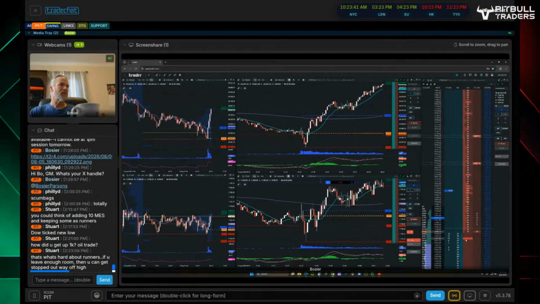I really want to see what NQ does. If NQ explodes with the big candle here, but it's kind of giving me a little divergence, right? So I'm probably being stubborn right here.